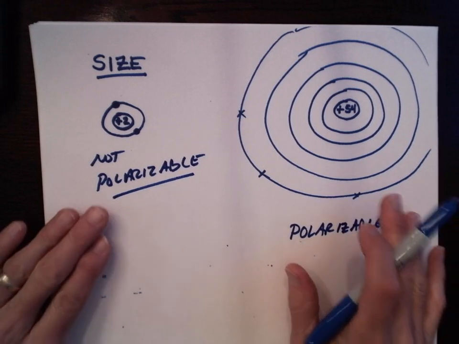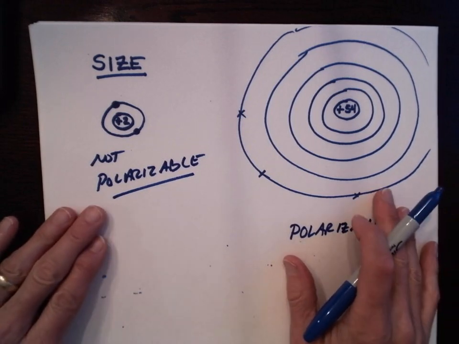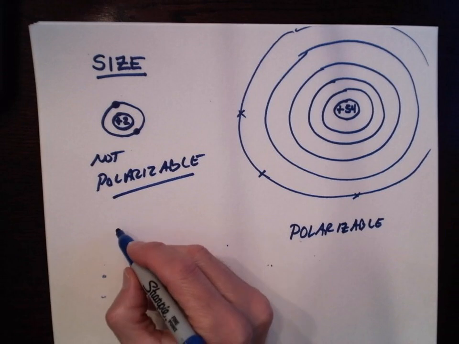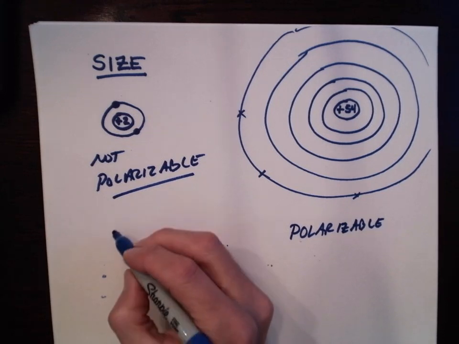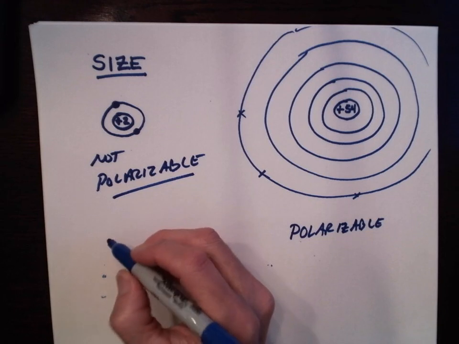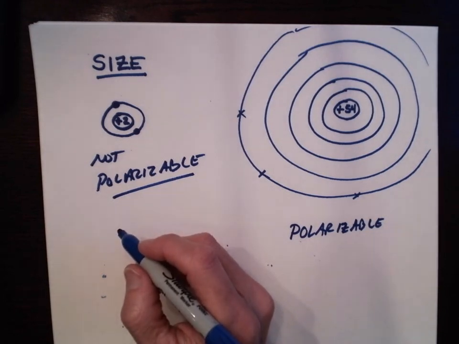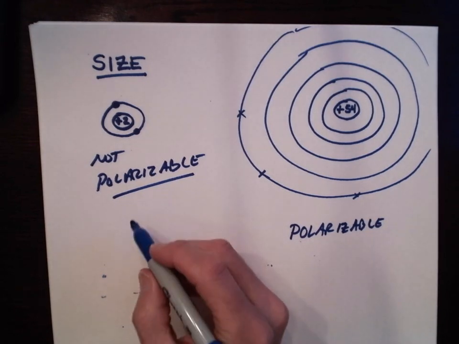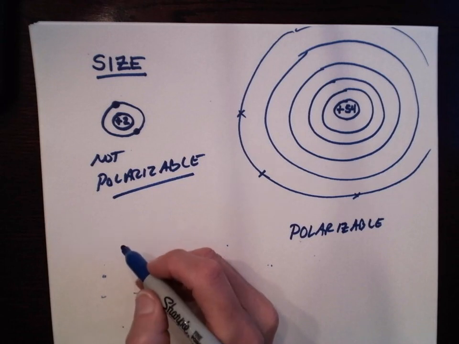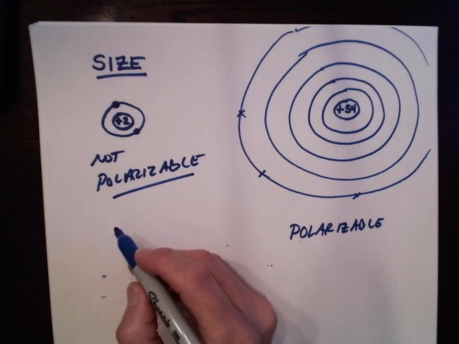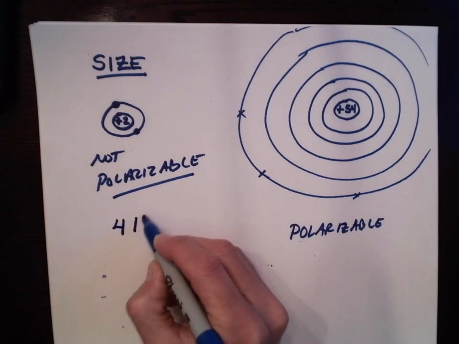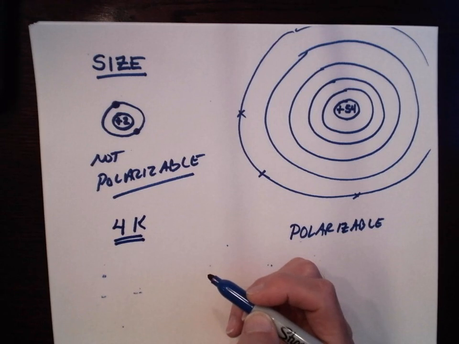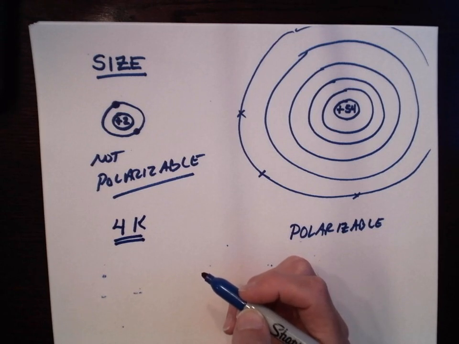And this, of course, has an impact on the boiling points of these compounds. Helium, if you imagine liquid helium and we want to boil it, well, we'll imagine taking everything down to below its boiling point. We'll just say for helium, you've got to cool it to below 4 Kelvin to get it to liquefy. So heating helium just to 4 Kelvin causes it to boil, to enter the gas phase.